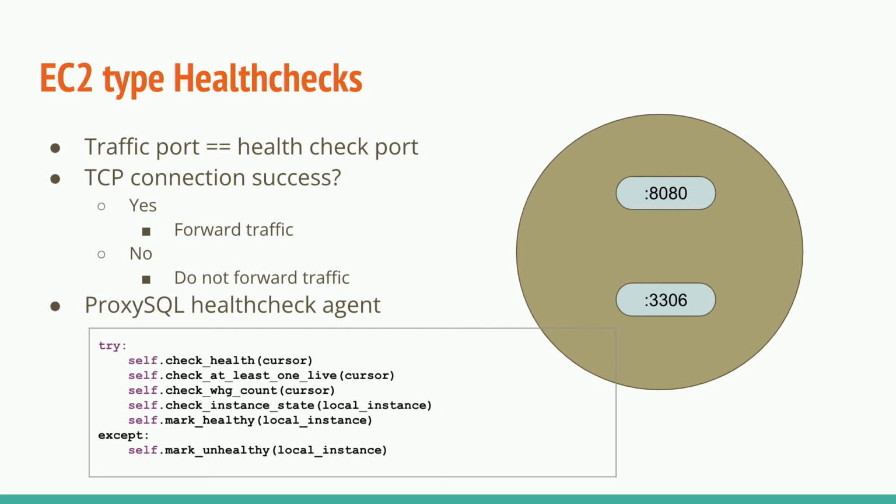ProxySQL is a performant TCP server, so I'm not worried about the frequency of health checks, and it works reliably. And obviously, if ProxySQL isn't running, it will not be listening to 3306.